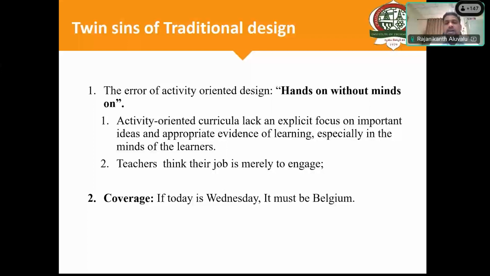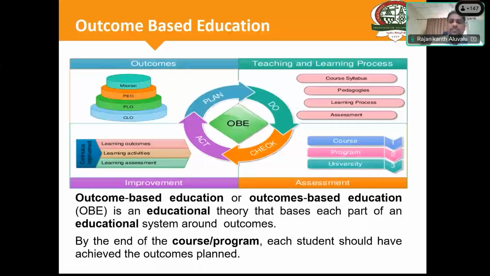So we need to overcome these sins, because we are designing the curriculum for 21st century students, who are tech-savvy. On the other side, as discussed by the expert yesterday, the Indian NBA by AICTE has adopted the Washington Accord model.